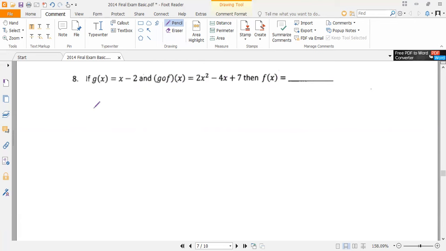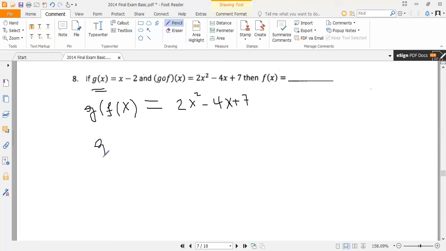So g of f of x is given just like this, 2x squared minus 4x plus 7. So g of f of x is also this one.